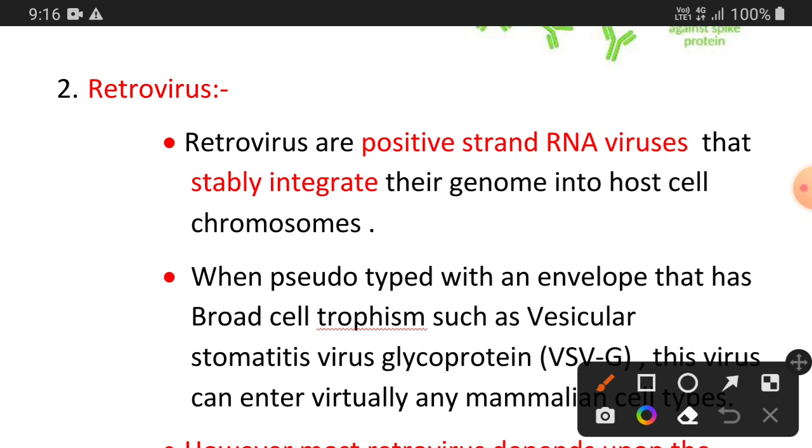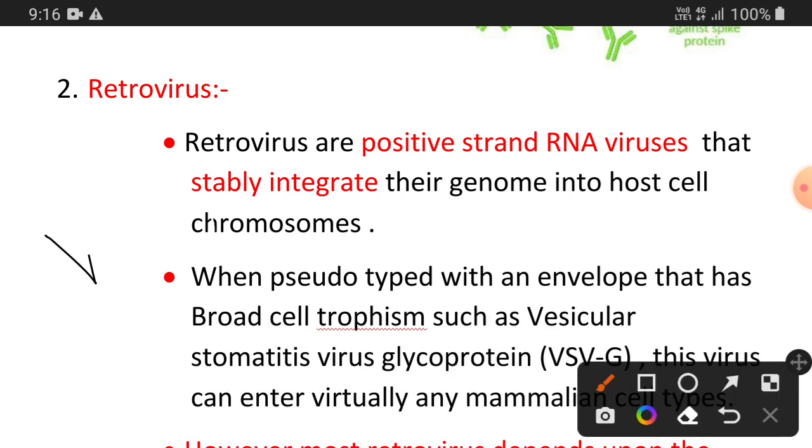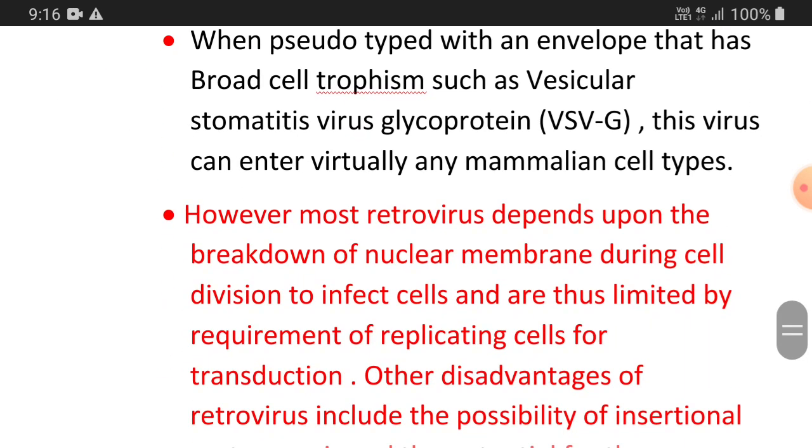If we want to make it broad in tropism, we have to use vesicular stomatitis viral glycoprotein as the envelope, so that virtually any kind of mammalian cell can be transfected with retrovirus.